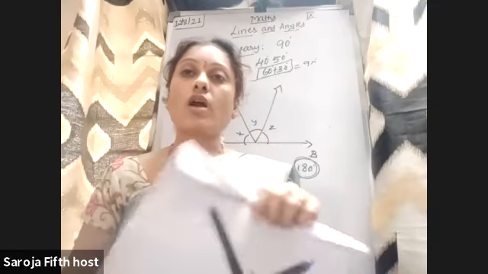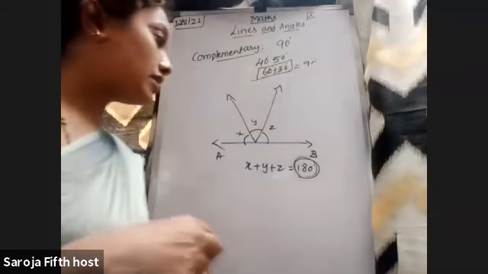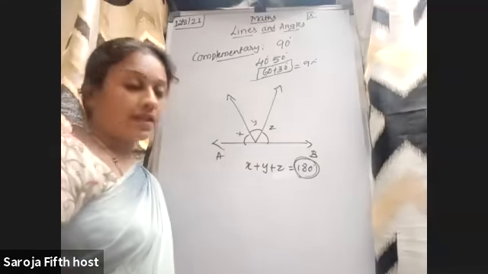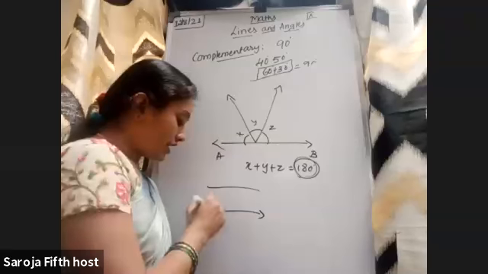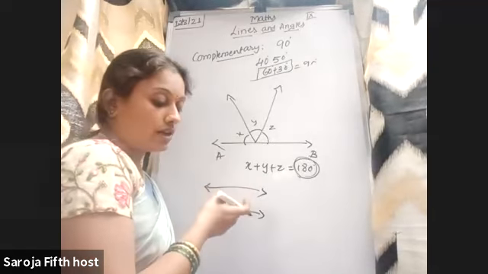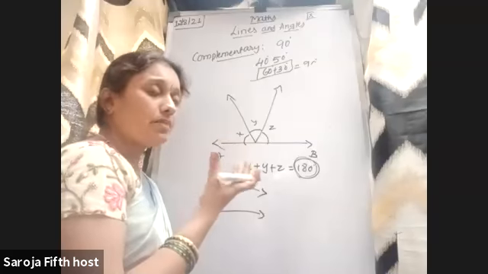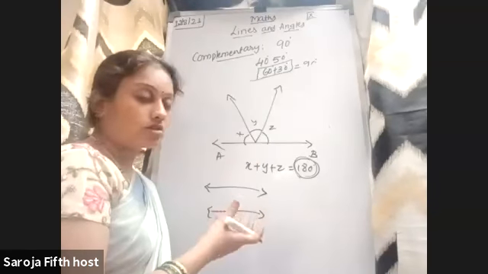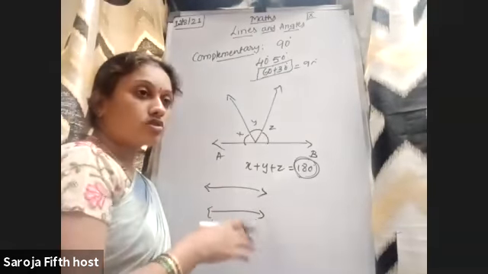So what happens when the lines are not intersecting? Ma'am, they will be parallel. Yes. When I draw two straight lines that are not intersecting, we can call them parallel.